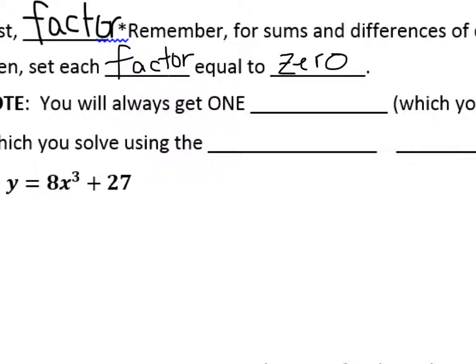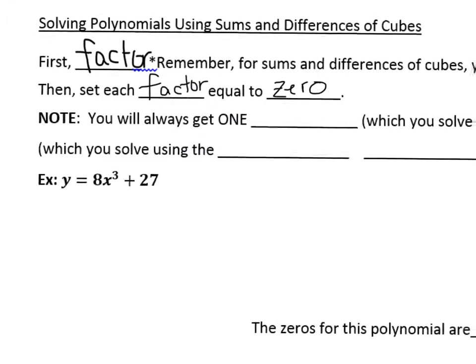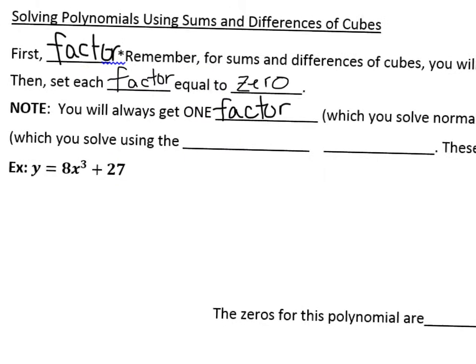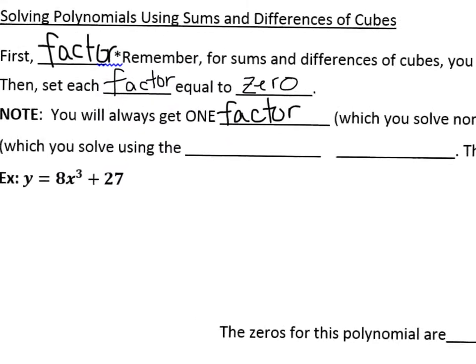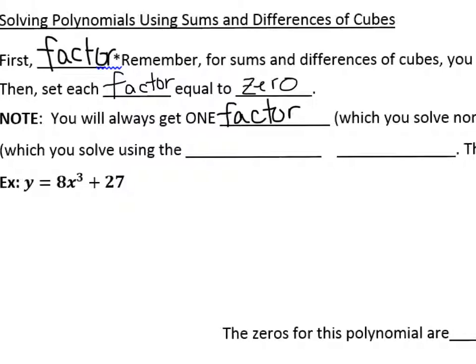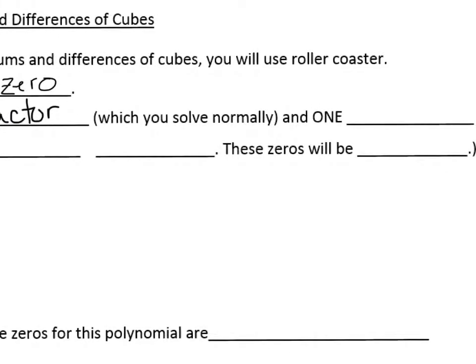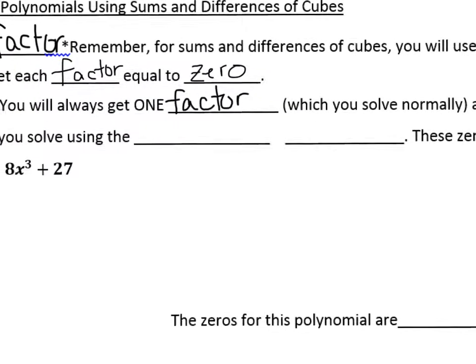No surprise there. Now, with factors of sums and differences of cubes, we're going to get one factor, which we will solve normally. And then we're going to get one factor, one trinomial, that we're going to solve using the quadratic formula.